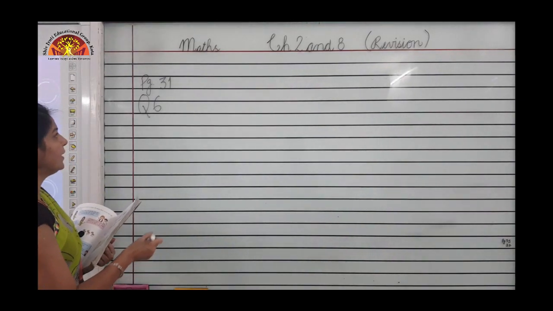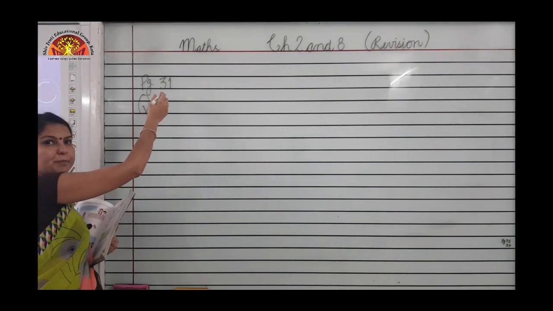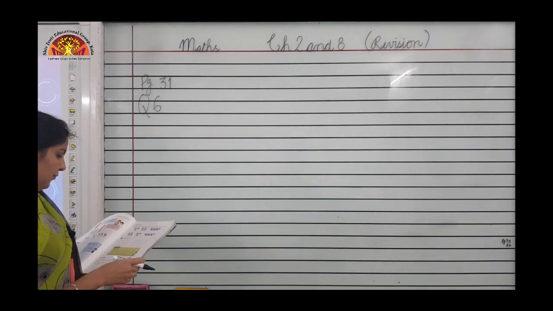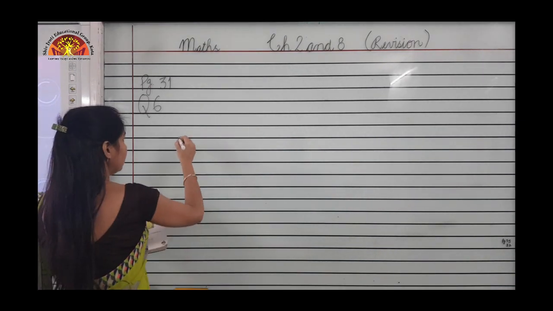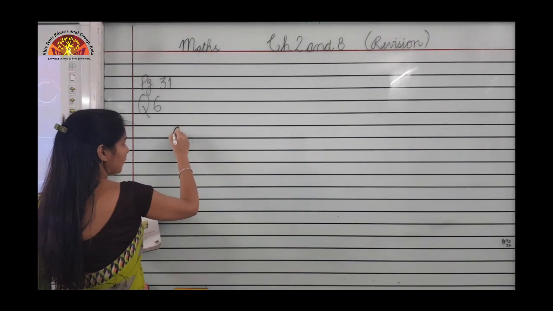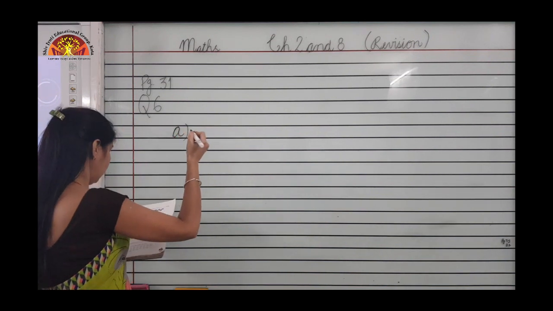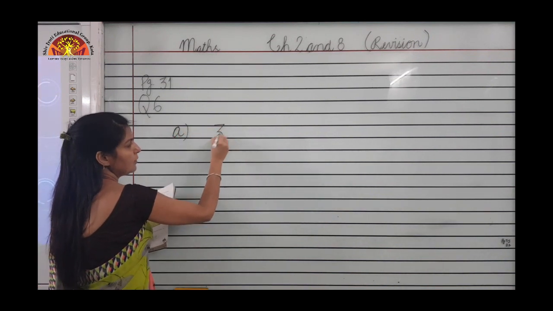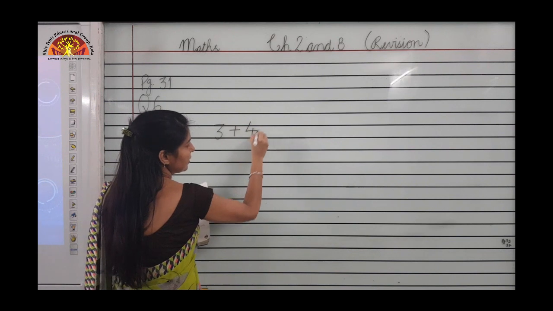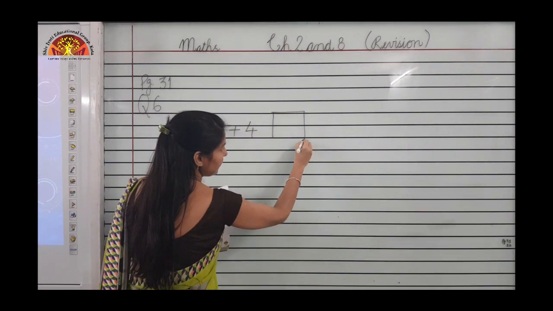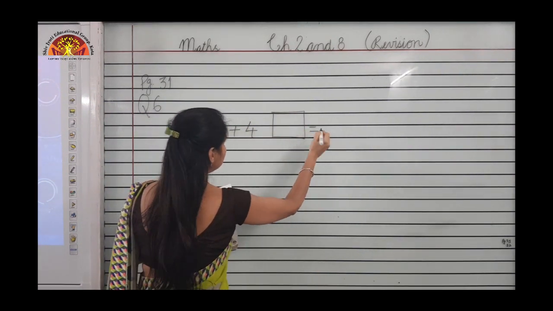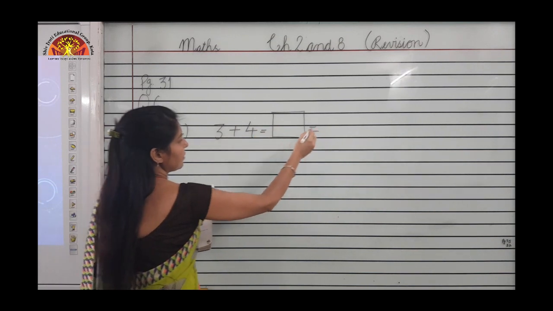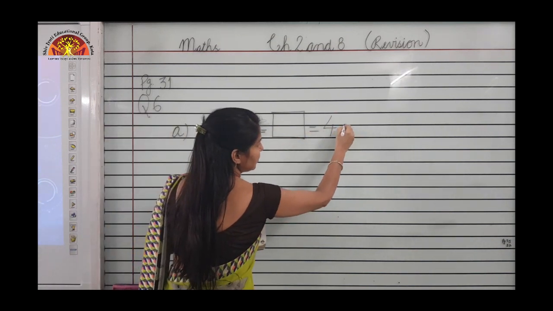So children, now let's see question number 6. This is on page number 31. We will see the A part of question number 6. This is 3 plus 4. Then one blank box is given here and again the numbers are 4 and 3.